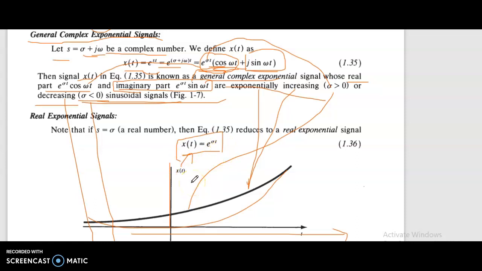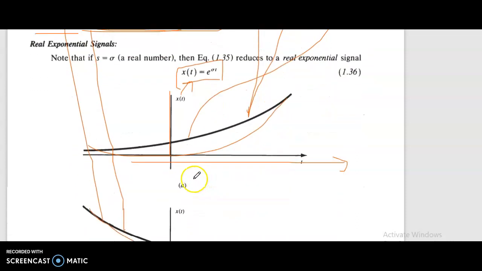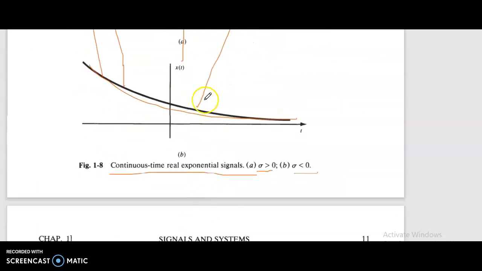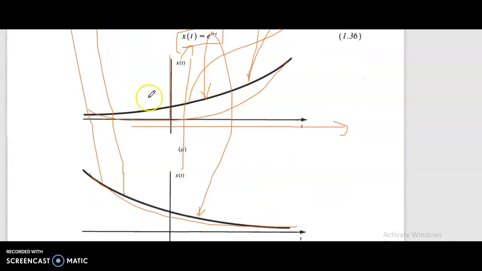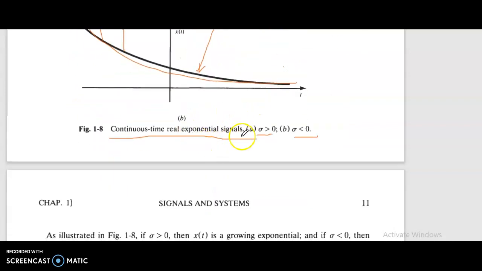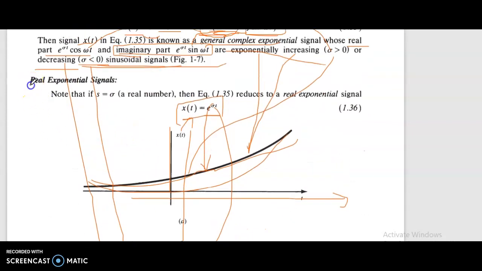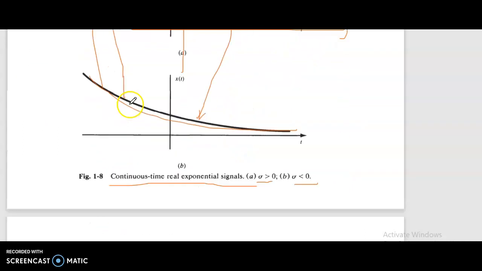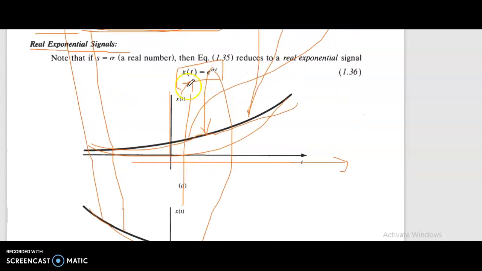If sigma is greater than 0, the signal increases exponentially.